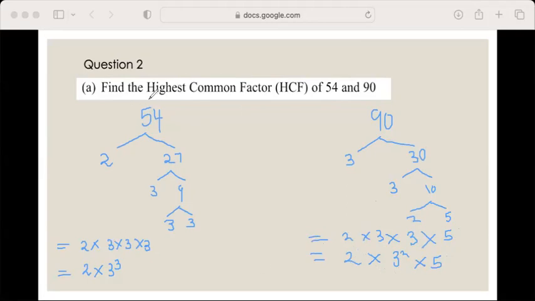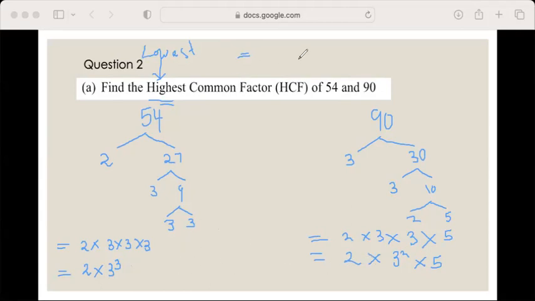Now, the next thing that you need to keep in mind is, when you are to find the highest common factor, I told you earlier about the lowest. When you are to find the lowest common multiple, we take the highest of the factors. But when you are to find the highest common factor, then you need to take the lowest of these factors, right? So what is the lowest of 2? Here you find 2, here also you find 2. So both are 2 to the power of 1.